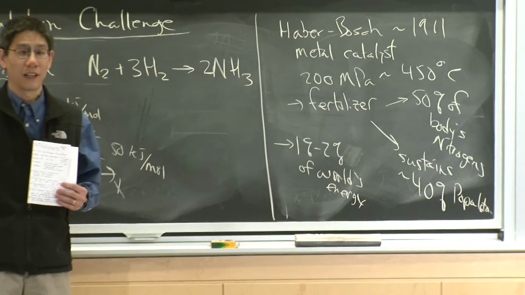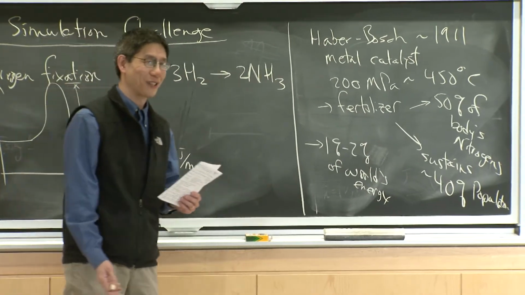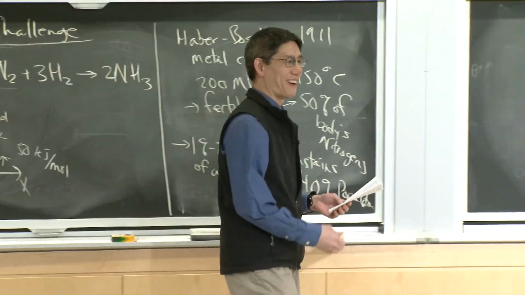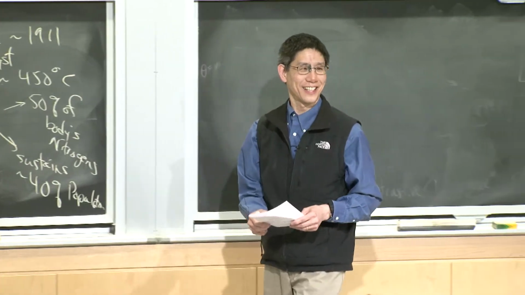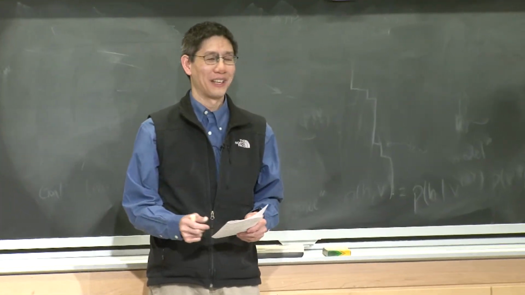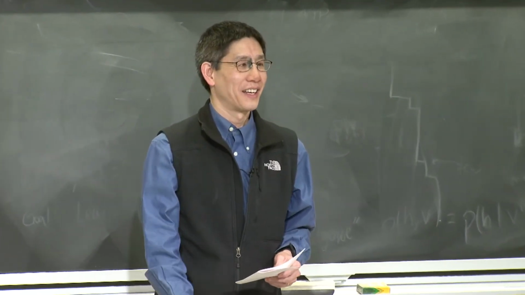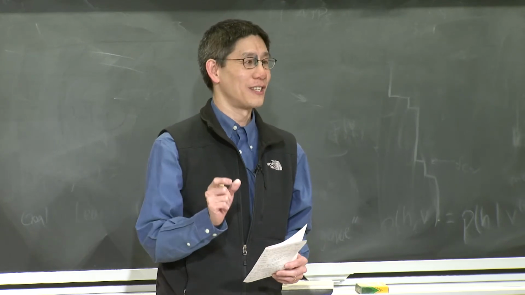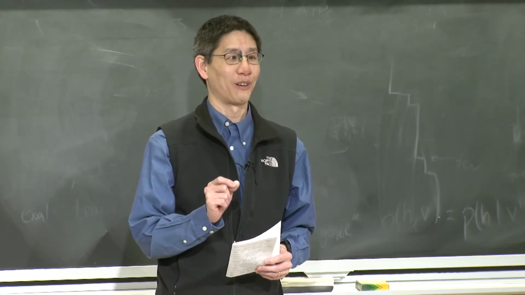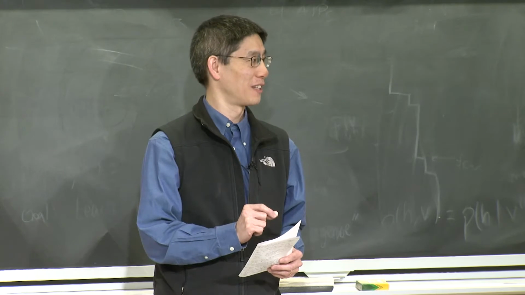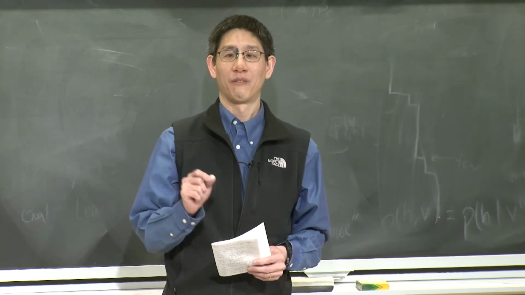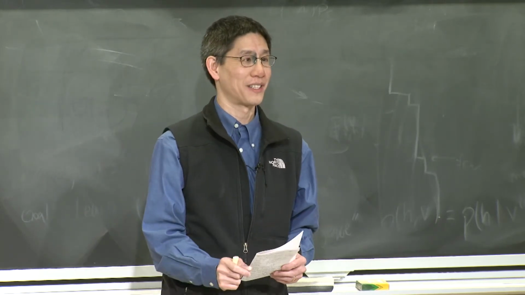Okay. Now, this is fascinating. It's a strange place, perhaps, to be talking about and starting a lecture on quantum computation. But here's the idea. Nitrogen fixation is not done by nature using the Haber-Bosch process, using this very high temperature, very high pressure industrial process.